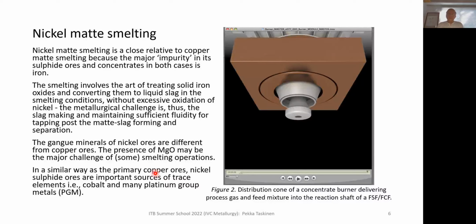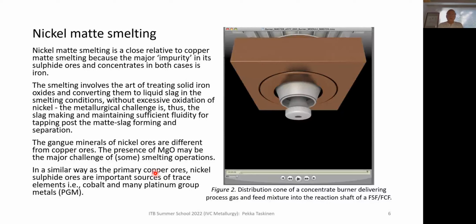That means that the smelting operation as such is dealing with the elimination of that sulfidic iron and sulfur, and in that sense, the operations in copper smelting and nickel smelting are relatively similar.